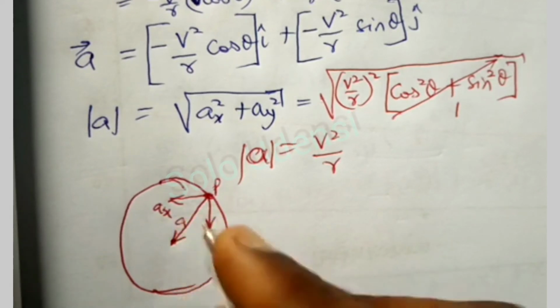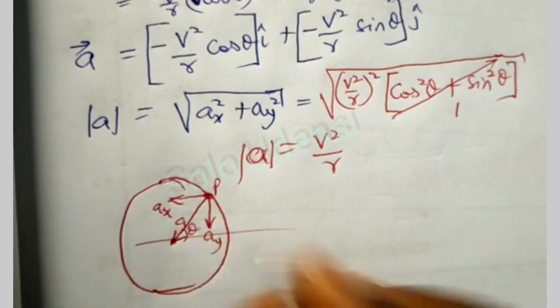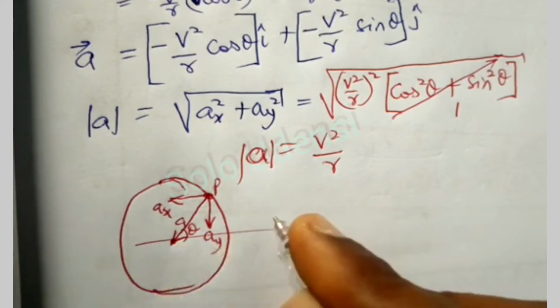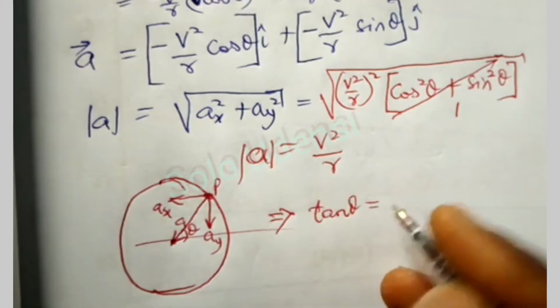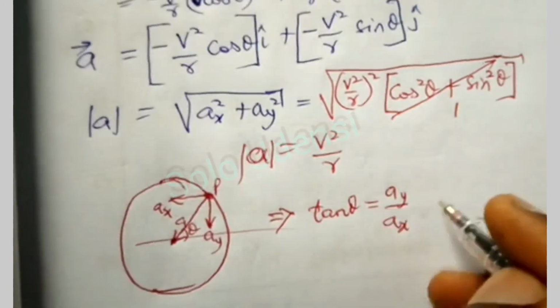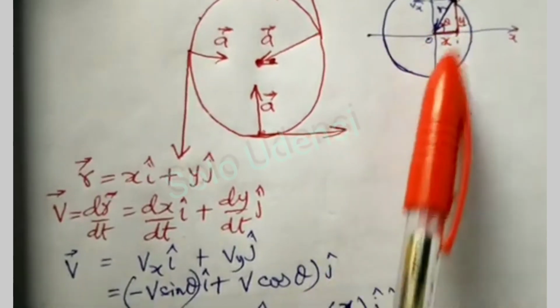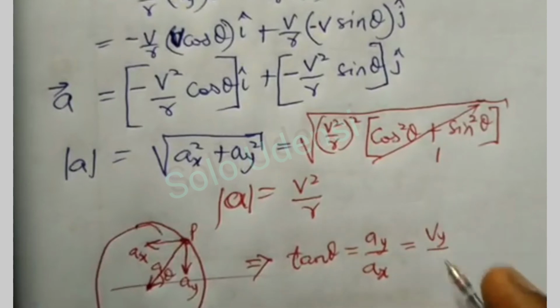This is a, and remember that this angle is theta, which implies that tan theta is equal to ay over ax. Or if we use the velocity for theta, it is equal to vy over vx.